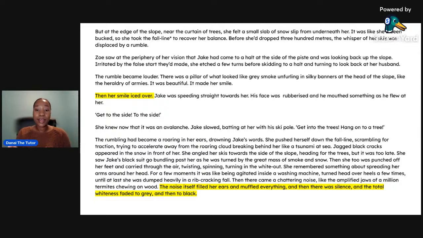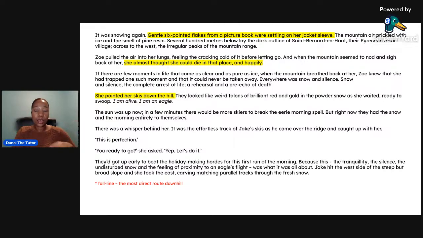Because if we look at this story, it started with the character Zoe and Jake. It started with her just looking at the scenery, enjoying the scenery, okay? And it takes place maybe within 5-10 minutes. But look how much is able to be fit in within that time in terms of description.